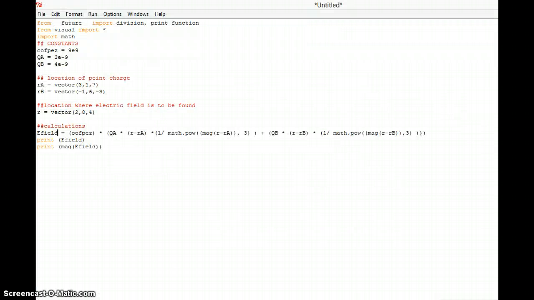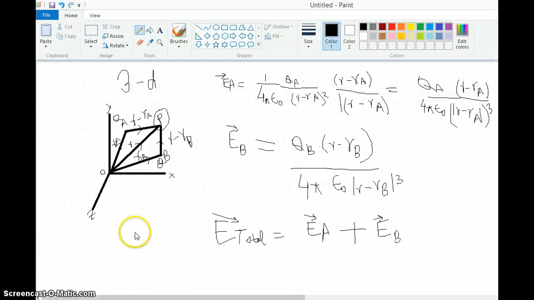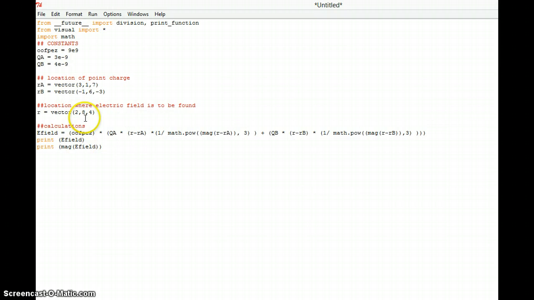Then I choose a random arbitrary point vector 2, 4, which is basically going to be this P. That's the coordinates of that point in the space.